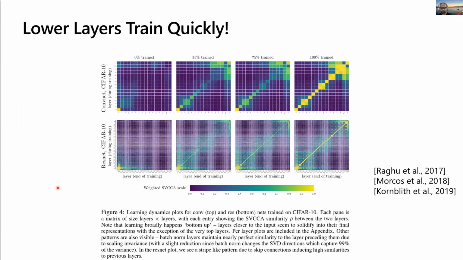If you take, for example, ResNet, and ConvNet, which is very VGG-like, what this plot is showing is the correlation, a higher-order correlation, like canonical correlation analysis.